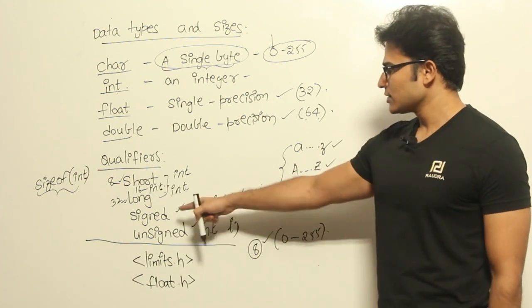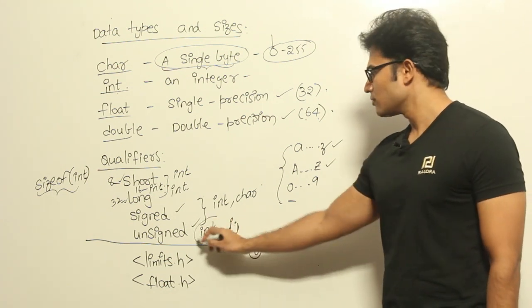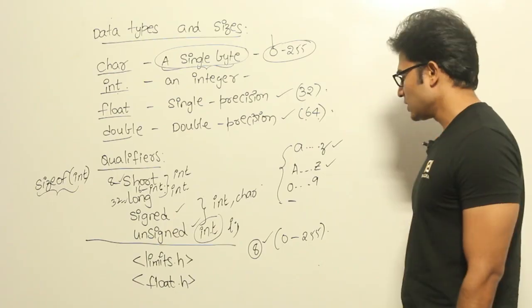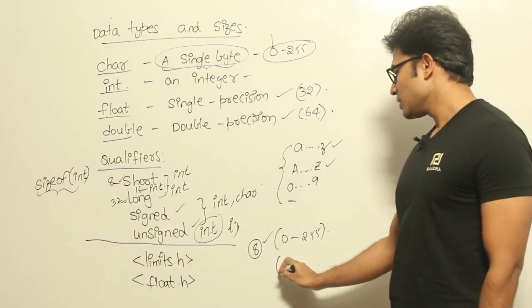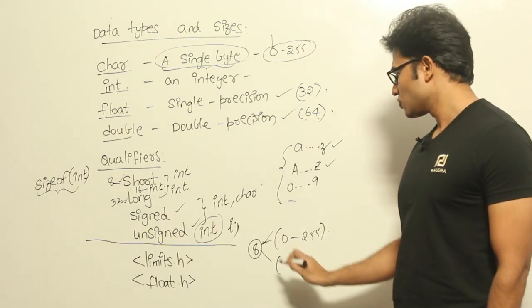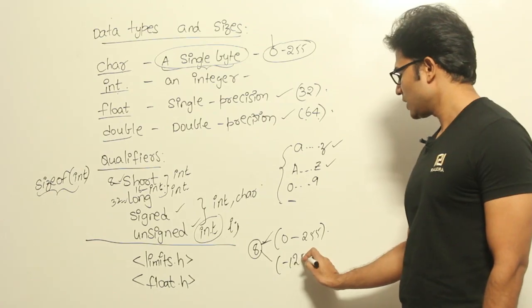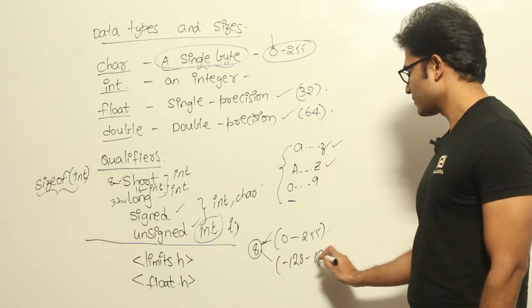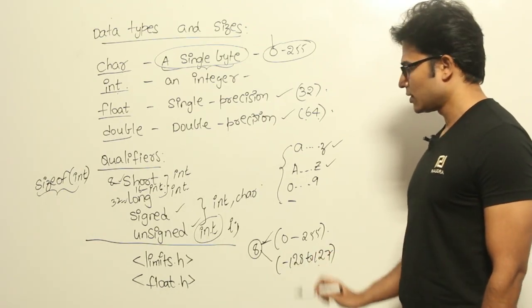In case it is a signed int, and by default int means signed int, the range, if it is 8 bits, is going to be from -128 to 127. Got it? This is the range.